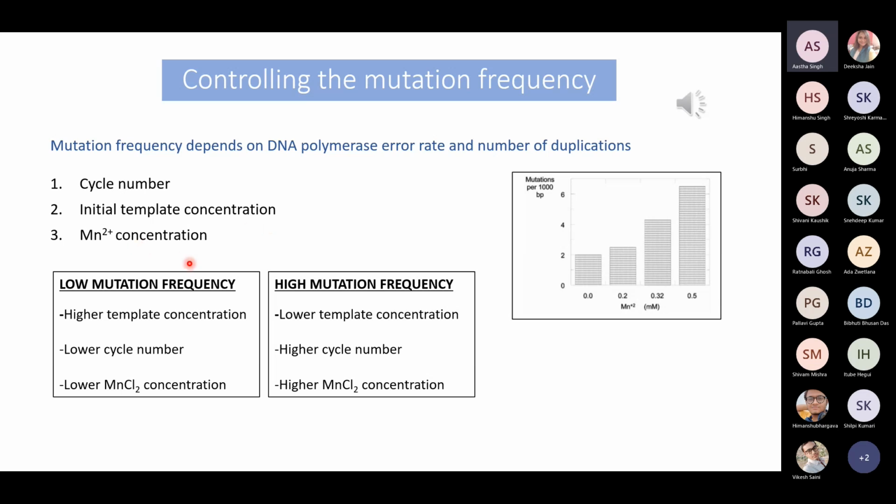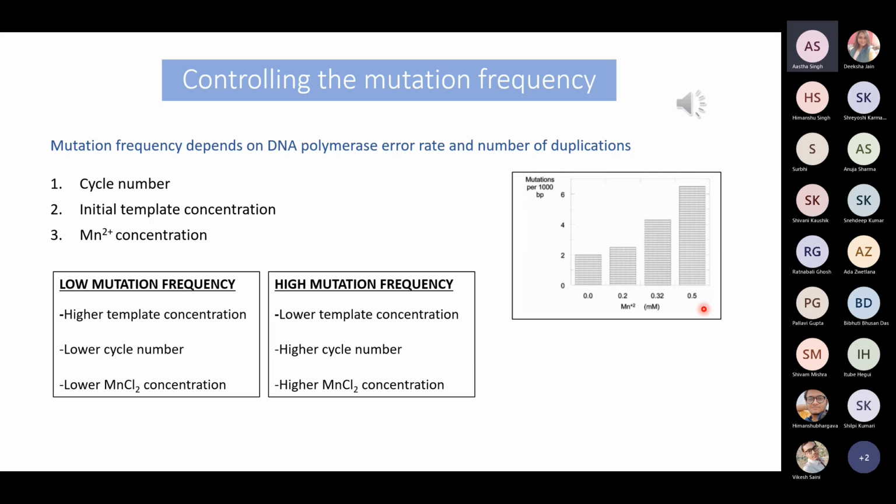And the manganese concentration. On the right, there's a graph that shows the concentration of manganese and the number of mutations that it causes per 1000 base pairs. As you can see, as manganese concentration is increasing, the mutations per 1000 base pairs also increase.